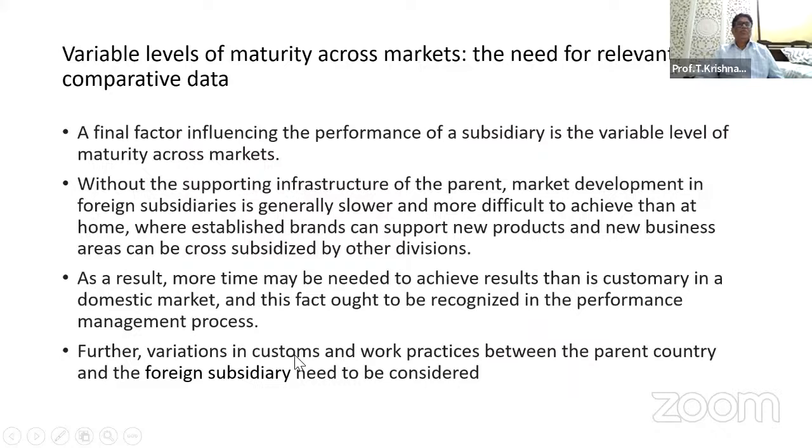Then we shall discuss the variable level of maturity. A final factor influencing the performance of a subsidiary is the variable level of maturity across the markets.